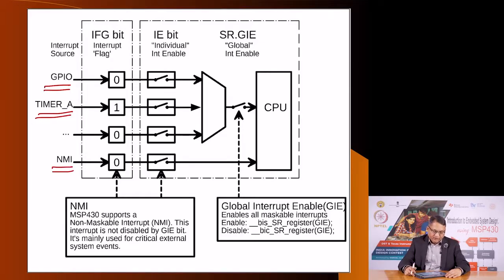Now, the first important consideration that an interrupt will be serviced would be that it must generate a request, it must generate an event, and when the event is generated, it is captured in a register called interrupt flag register. So, if the flag is 1, that means there is an external event. However, it is up to you, do you want to respond to that event or do you want to ignore it? And the second part of this block diagram shows you that.